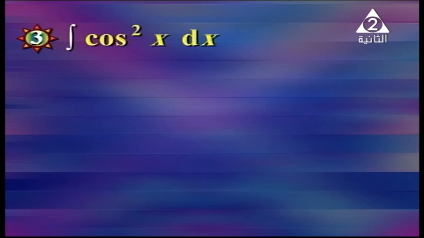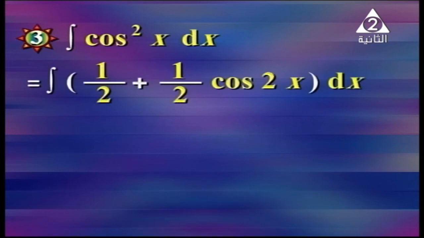Number 3, what is the integration of cosine square x? Excellent student. We replace cosine square x by using half plus half cosine double x dx. Remember, we have the rule cosine square x equals 1 over 2 plus 1 over 2 cosine 2x. What is the integration of 1 over 2? 1 over 2x.